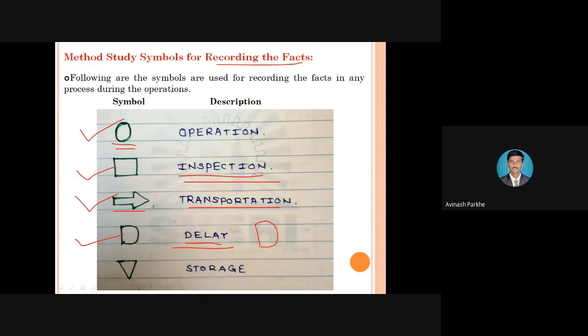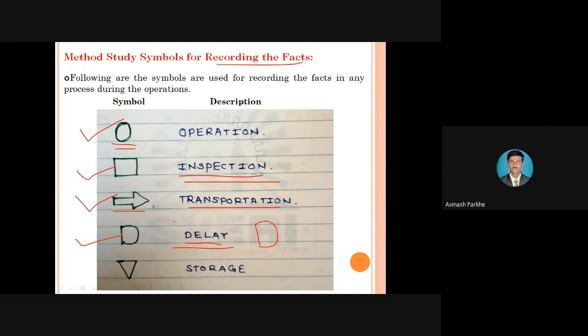I have to remove my old tool and attach the new tool which is used for the threading operation. Means, to change that tool, some amount of time is required, or some delay happens in that operation process. So that delay in the operation process can be represented by this fourth symbol, which represents the capital D.